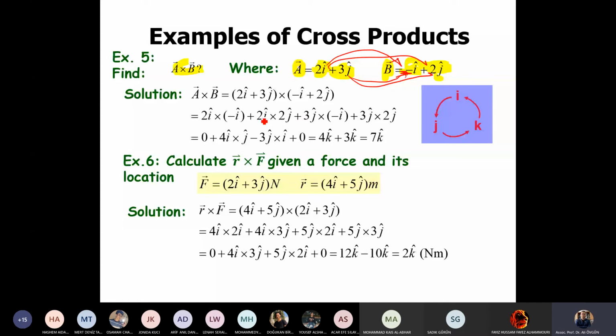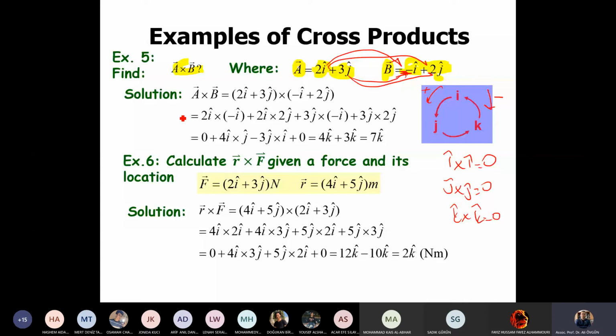So this is different than the scalar product. k cross k is also 0. But when you make i cross j, you find positive k. This direction is positive, but clockwise is the negative direction. So minus j cross i is minus k.